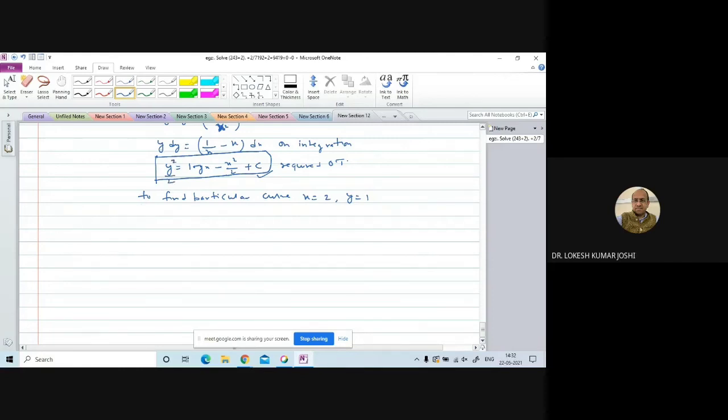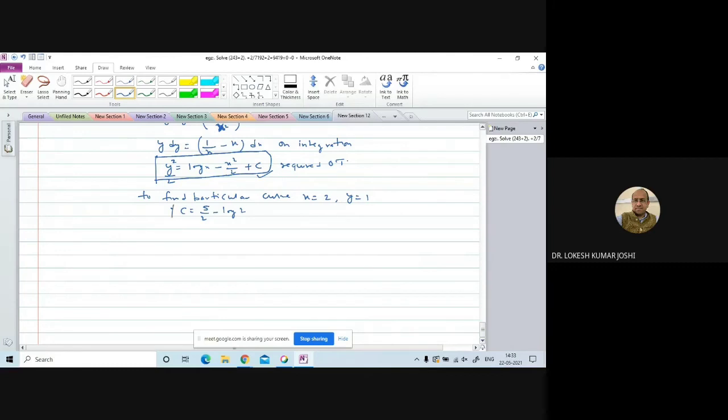This will become y square upon 2, because we are integrating y dy. And if we substitute the values, we get 1 upon 2. We get the value of c. If you substitute these values in this equation, we get c equals 5 upon 2 minus log 2.